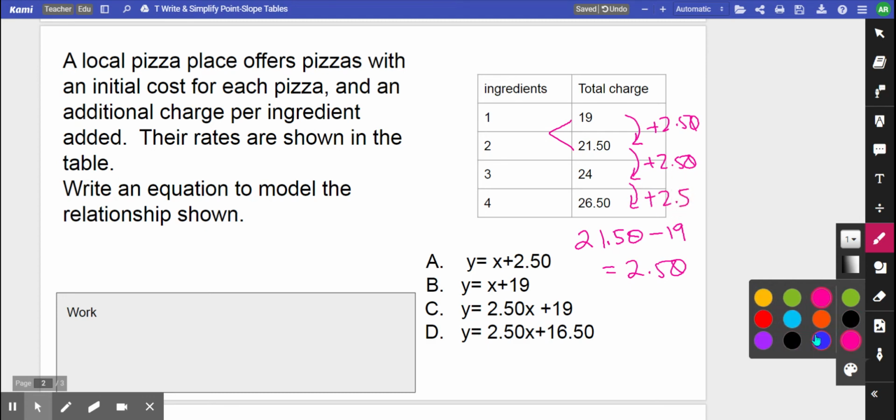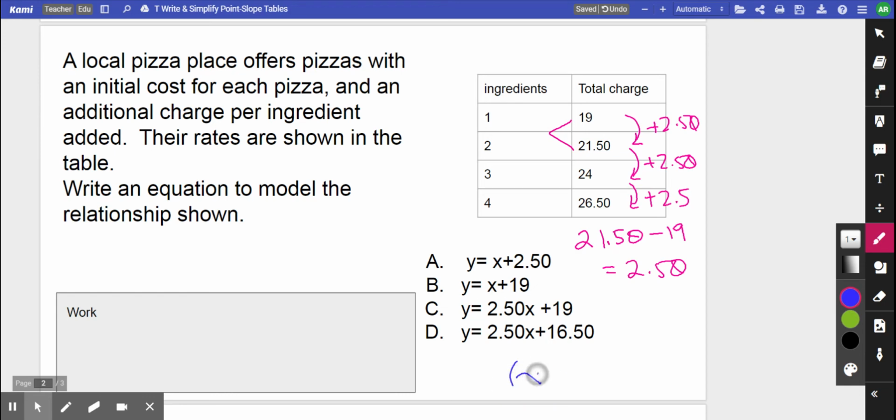Again, when I look at my answer choices A, B, C, D, none of them have x minus 1, because this table starts at 1, so one of our answers should have an x minus 1. Because it doesn't, we have to make our table go backwards to 0.